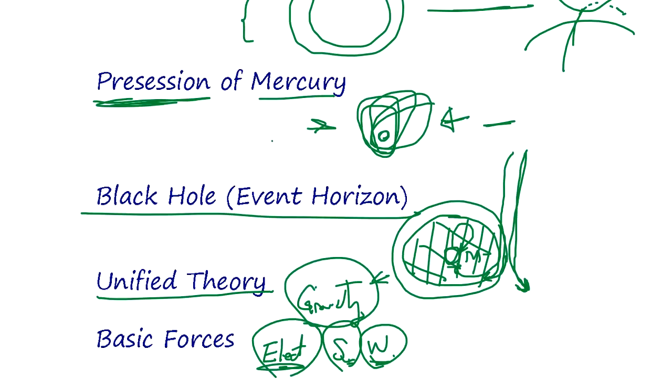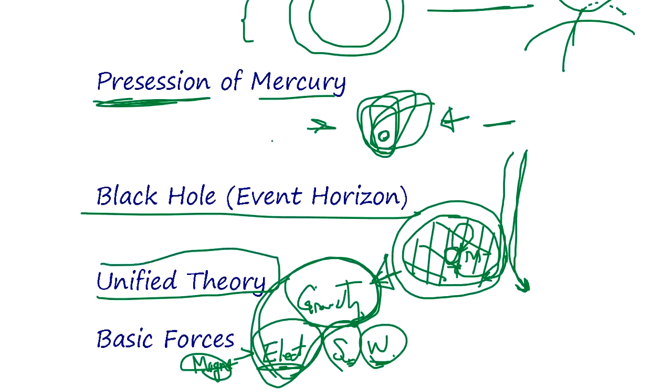And electric force, now we know magnetic force is just another form of electric force. Einstein tried to combine electric force into this theory and wasn't successful. He called that the unified theory.